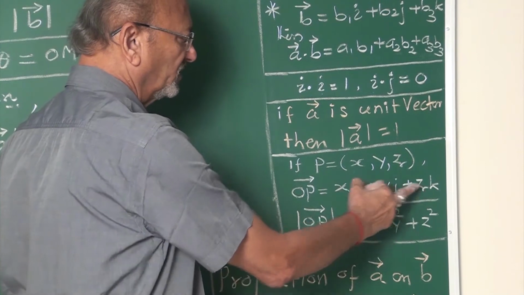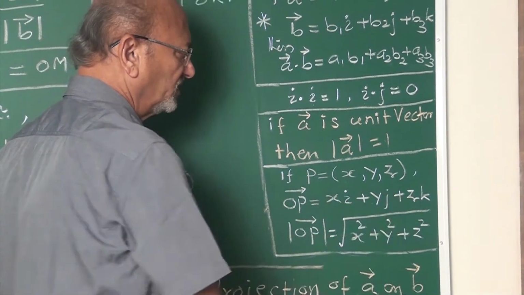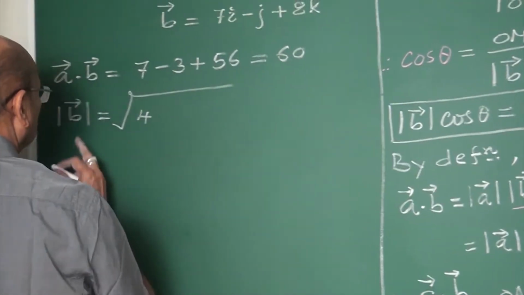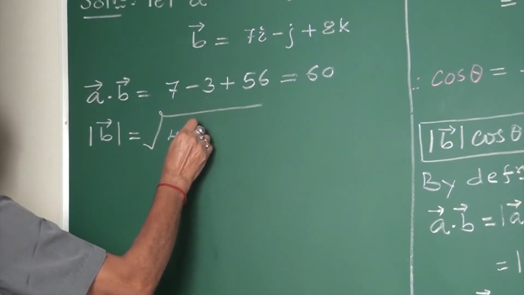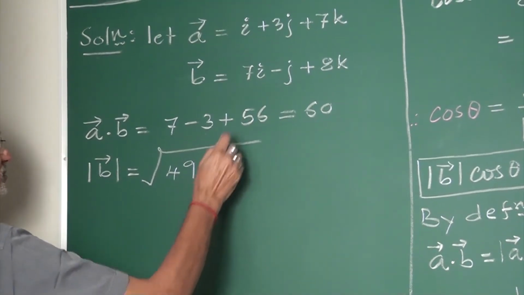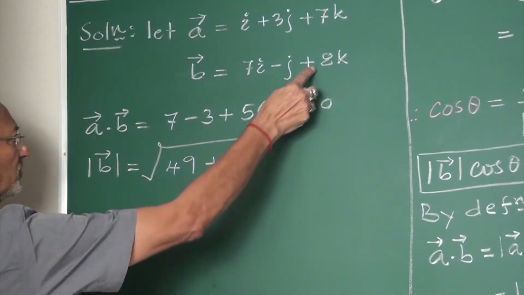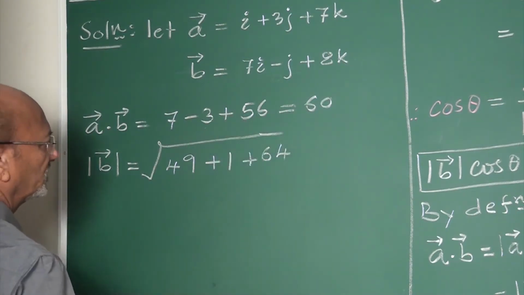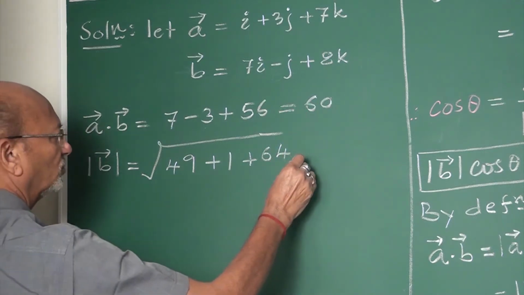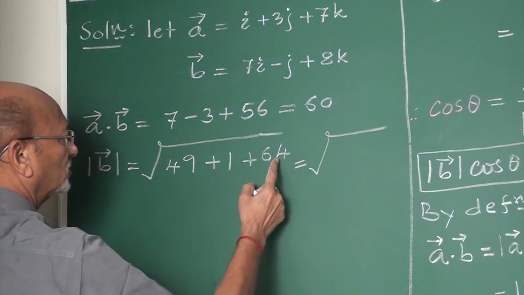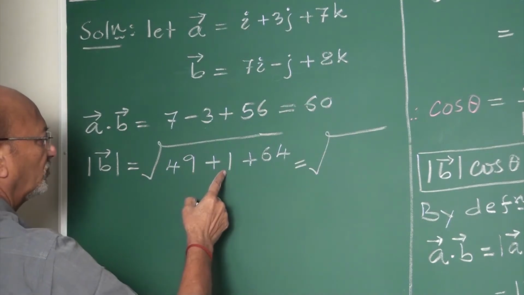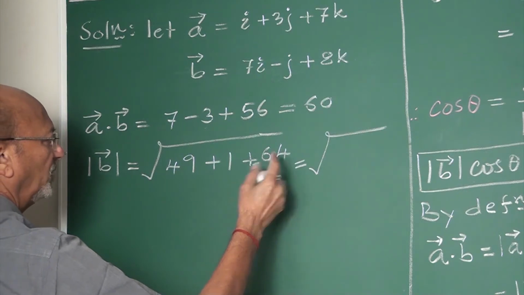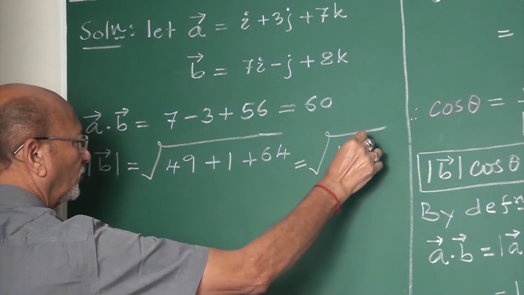Here x, y, z are the coefficients of the unit vectors i, j, k. So the magnitude of B is the square root of 49 plus minus 1 the whole square plus 8 square, 64. This is the square root of 50 plus 60, 110 plus 4, 114.